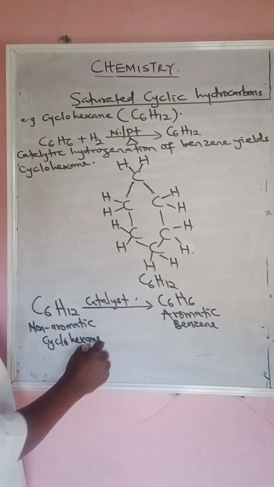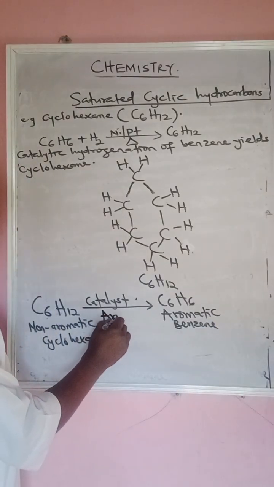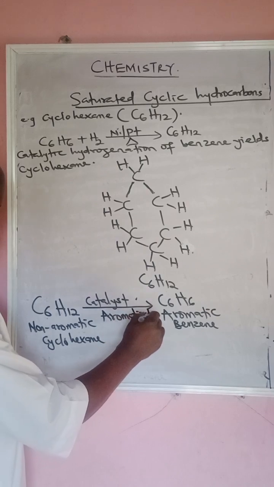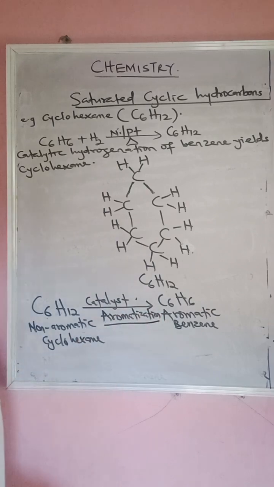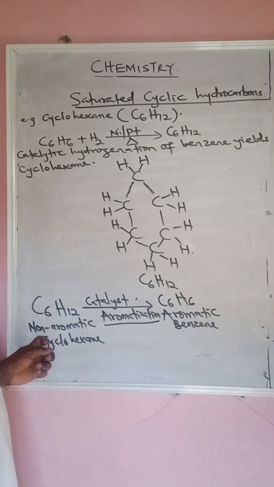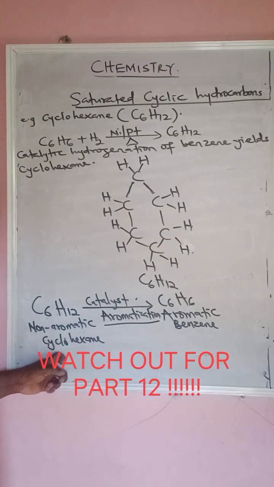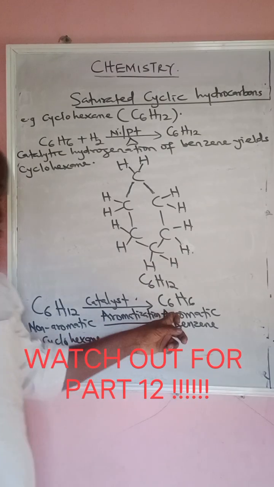This process is known as aromatization. It's the conversion of non-aromatic hydrocarbon to aromatic hydrocarbon, e.g., cyclohexane to benzene.